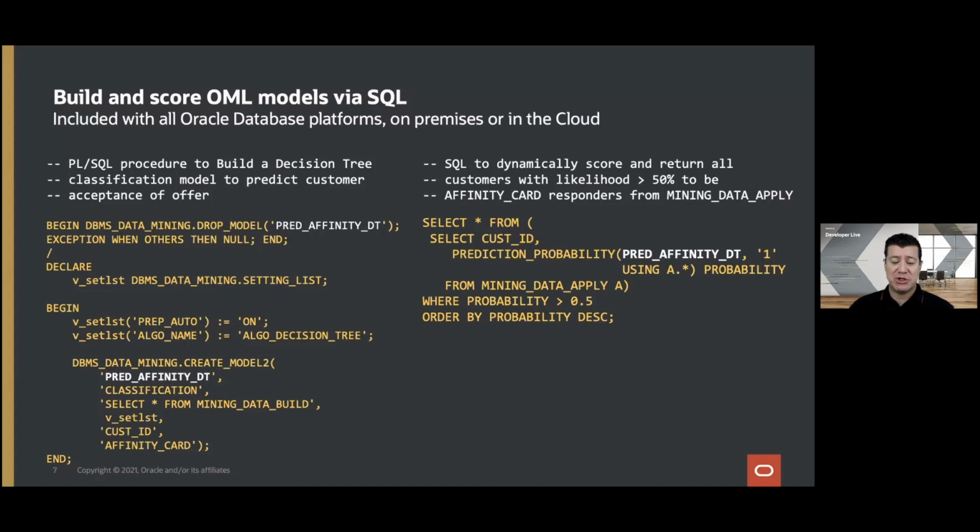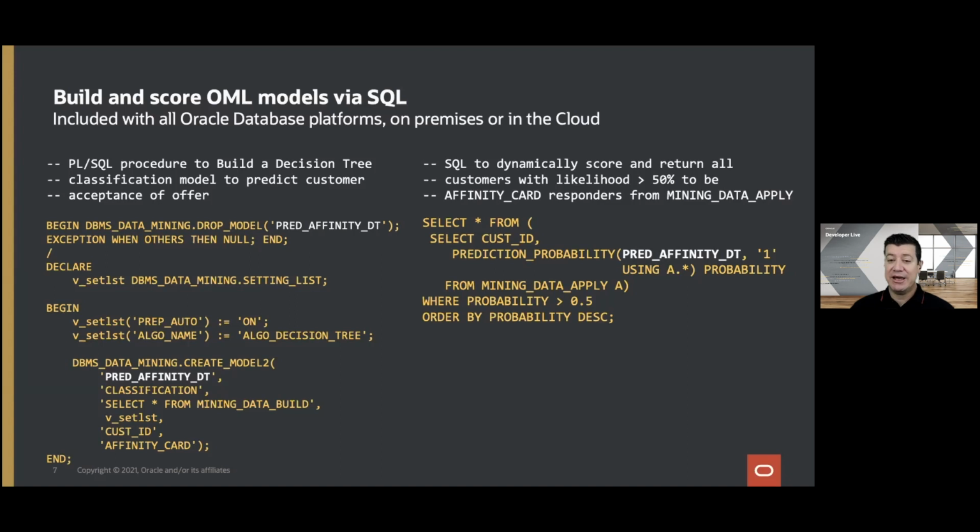I am building a machine learning model called pred_affinity_DT for decision tree. So I'm building a decision tree machine learning model, and I am basing that input on that select statement that you see in SQL, select star from mining_data_build. And then that model actually gets stored immediately inside the Oracle database.